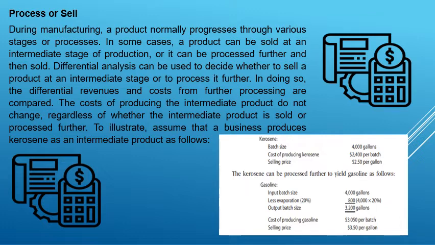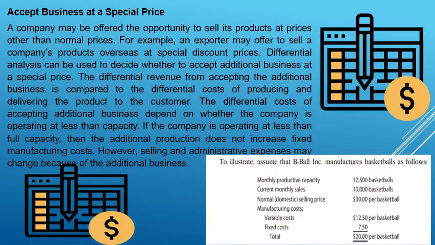The kerosene can be processed further to yield gasoline. So we have here the input batch size, less evaporation of up to 20%, so the output batch size, and the cost of producing a gallon and the selling price.